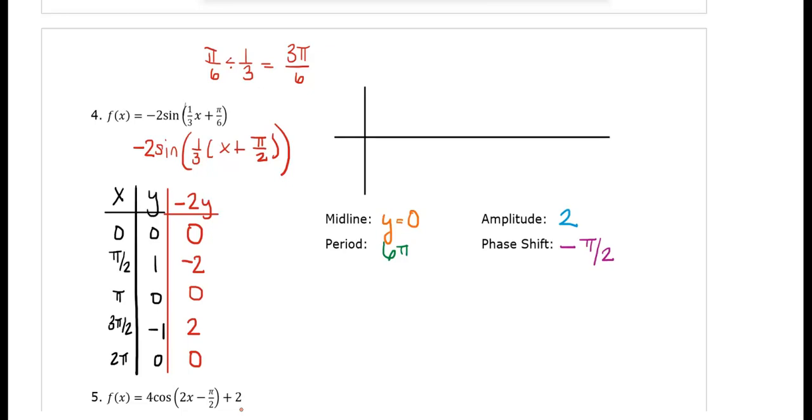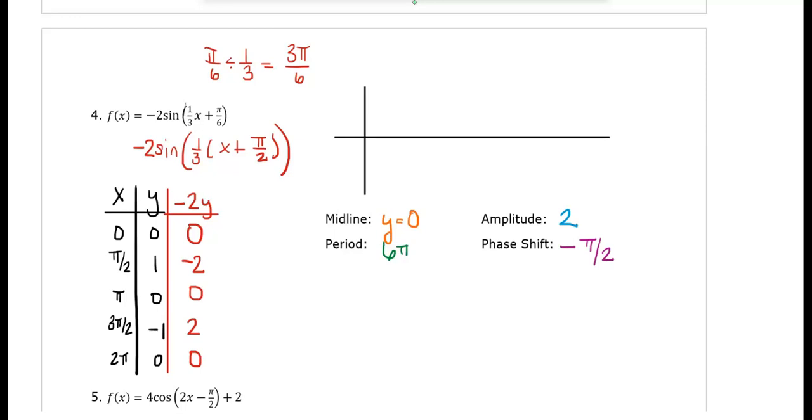So I've got that. Now, the next thing I need to figure out is what I'm going to do with everything on the inside. What is this 1/3 going to do? What is this pi over 2 going to do? Remember, one of the things I've always said is whatever you see on the inside, you're going to see it do the opposite. We are not going to be multiplying by 1/3; we're going to multiply by 3.